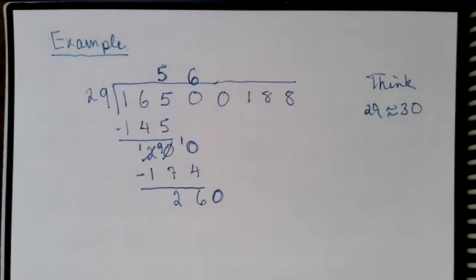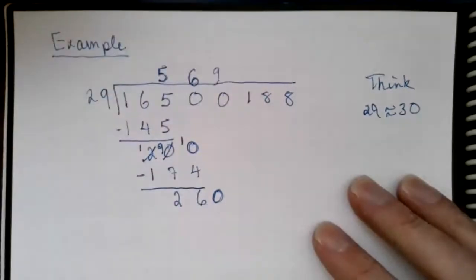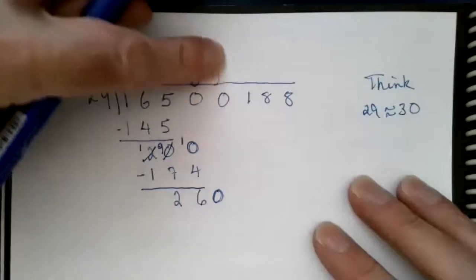We're talking about 29 going into 260. Think about multiples of 30, as close as possible to 260. Can I do 9? Will that work? No. Why not? It's too much.